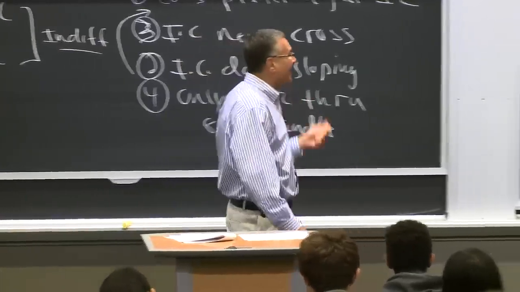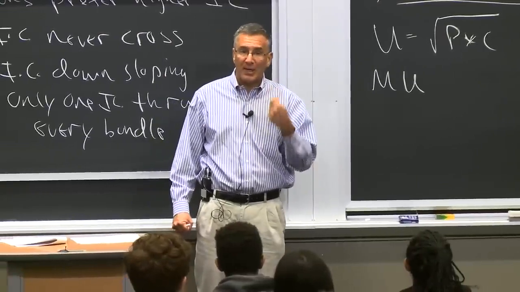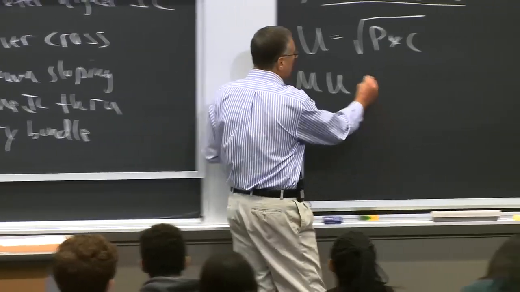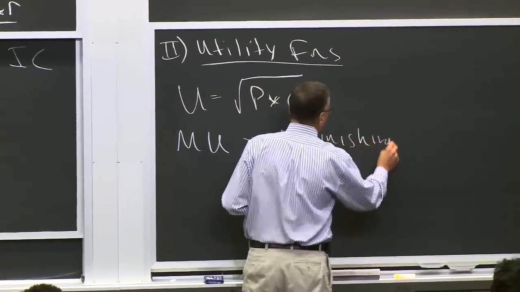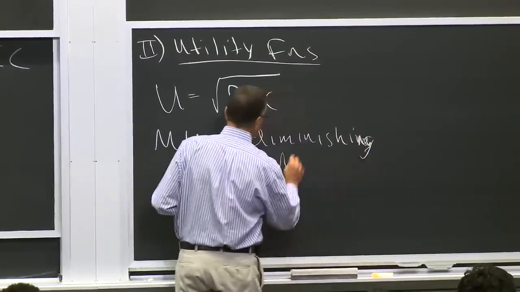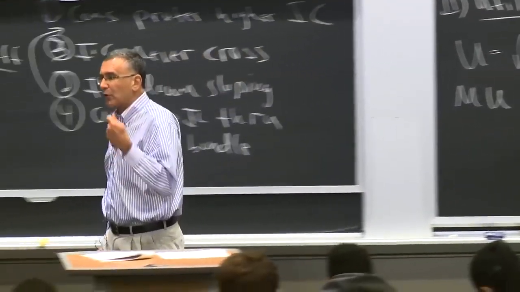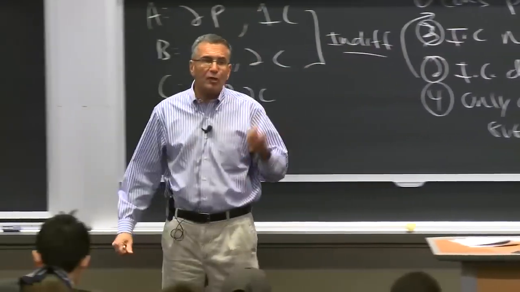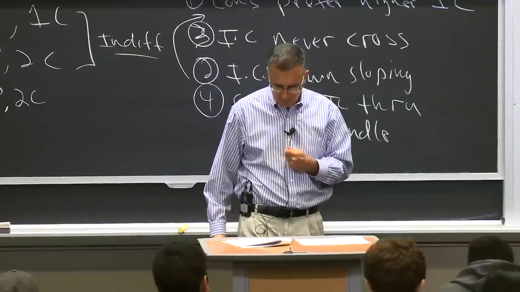OK? And the key feature of utility functions we'll work with throughout the semester is that they will feature diminishing marginal utility. Marginal utility will fall as you have more of a good. The more of a good you've had, the less happiness you'll derive from the next unit.